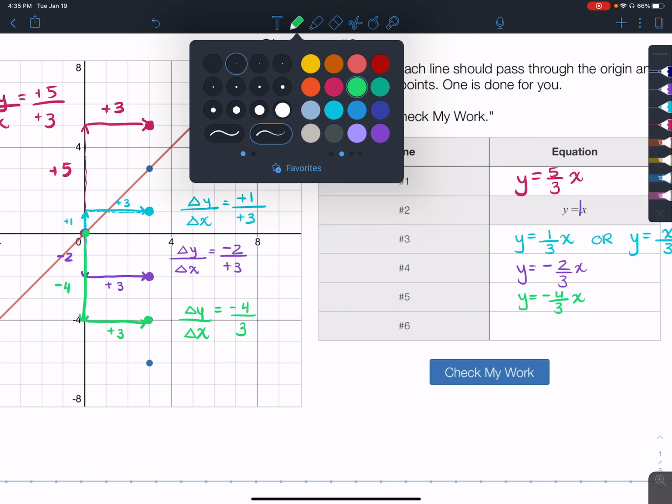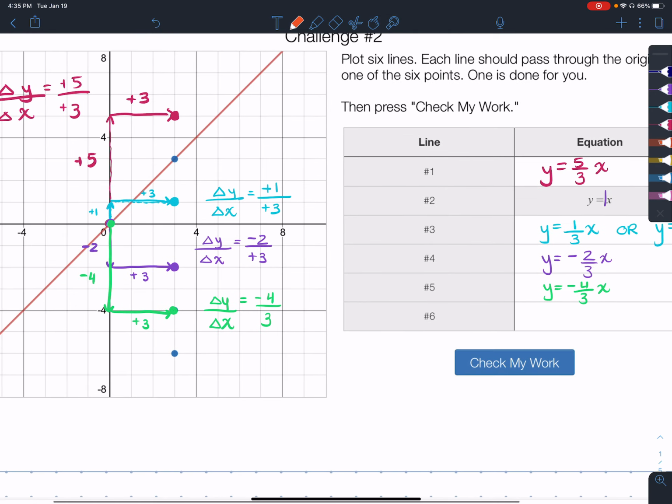And we've got one more. Let's do that one in orange. That's our vertical change, horizontal change. So this one goes down by 6, across by 3. Change in y over change in x.